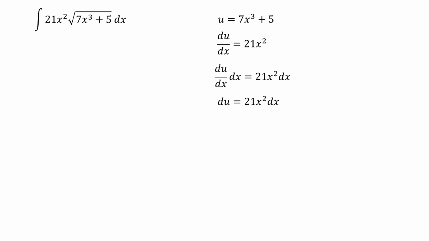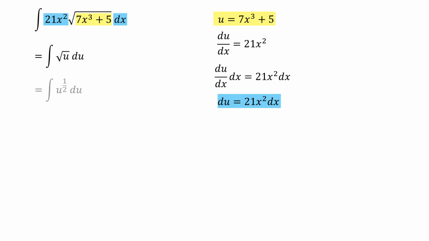Multiply both sides by dx, and I know my U will be 7x to the third plus 5. And I know my du will be the 21x squared dx. So I'm left with the integral of the square root of U, du.